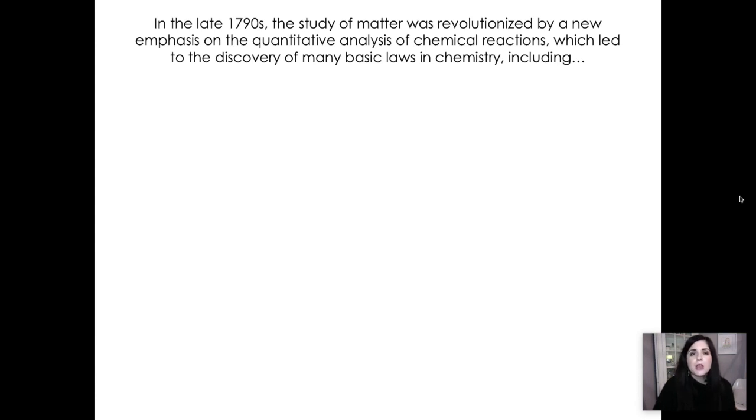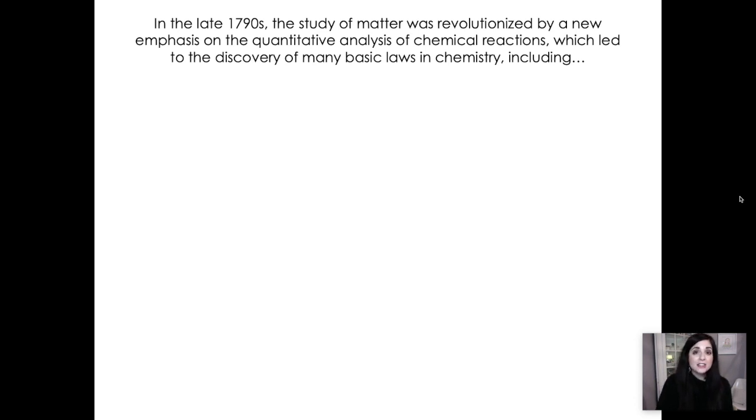But anyway, back in the 1790s, chemists were revolutionizing the scientific world, because they were having advancements using new pieces of equipment. Because of that, they were able to quantitatively, using numbers, analyze chemical reactions.